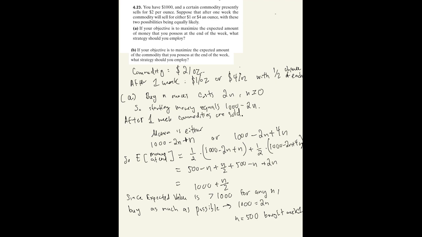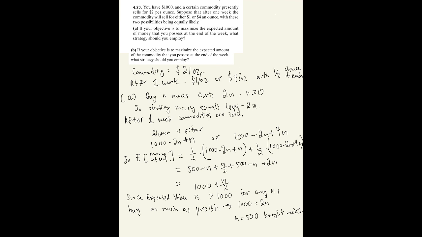Hi. Okay, so in this problem, we're given $1,000, and we're supposed to buy a commodity for $2 per ounce. We have to maximize the amount of money we have, given that after a week the commodity is either $1 or $4 each.